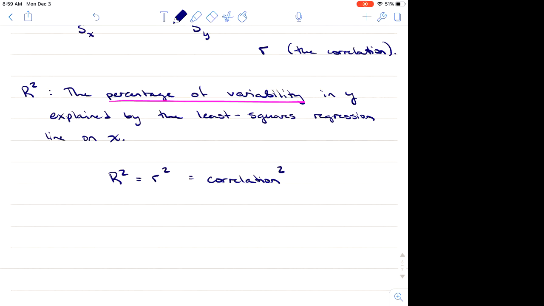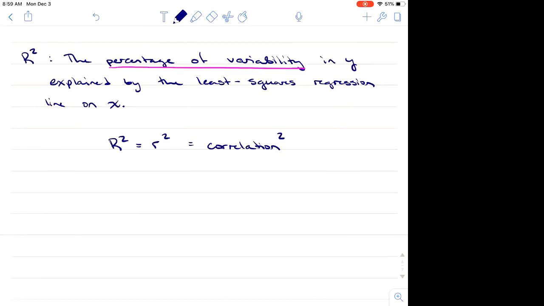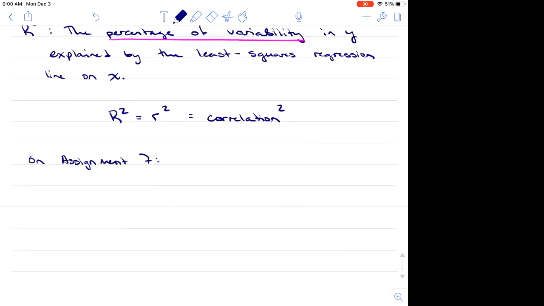Okay, so on the assignment, I'm telling you that R squared is 0.6511. Right?